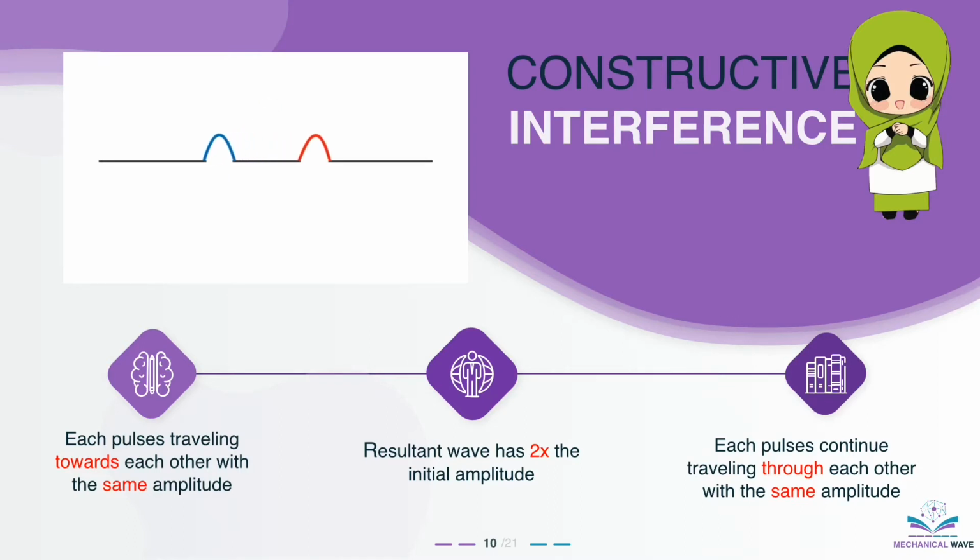Next, the waves overlap, causing the resultant wave to have double the amplitude of the individual wave at the moment they overlap. In other words, they sum up the amplitudes of both individual waves. Then, each individual wave or pulse will continue to travel through each other with the same initial amplitude.